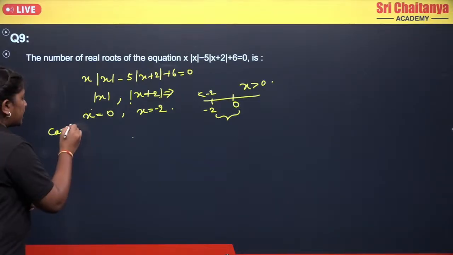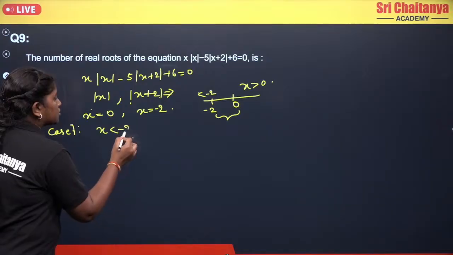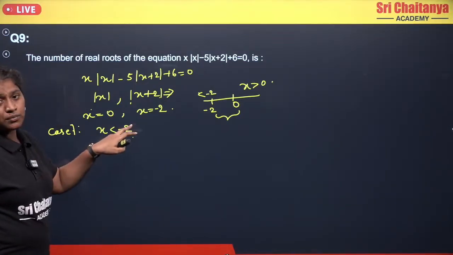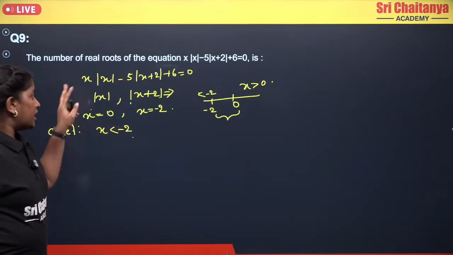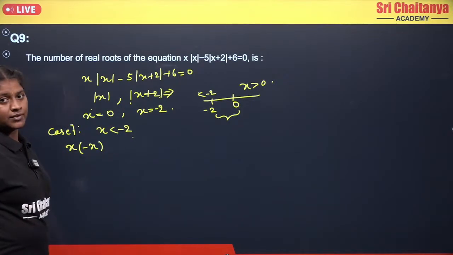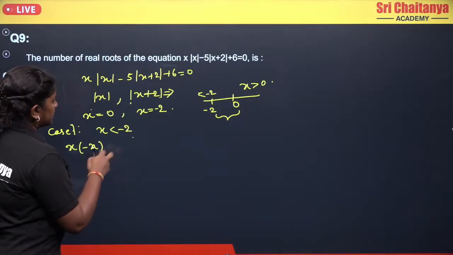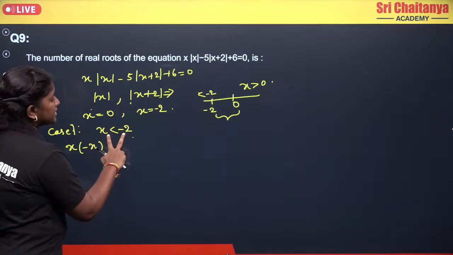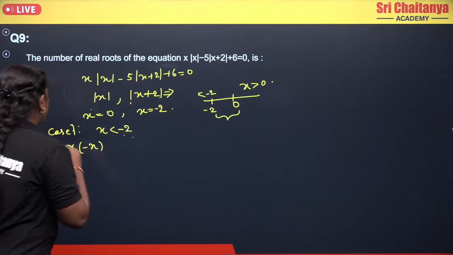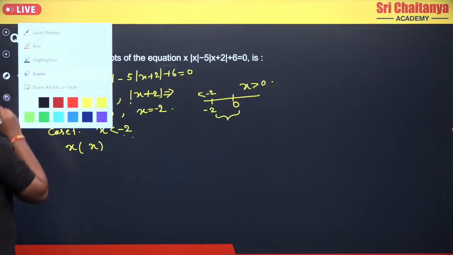Now moving to the next, case 1. If you observe the case 1, we are going to take x less than minus 2. X is less than minus 2 means it is a negative value. Negative value means what will the modulus become? Minus x. Okay. So now it is entirely related to our 5 into modulus of x plus 2. So now we are not going to consider for our x.